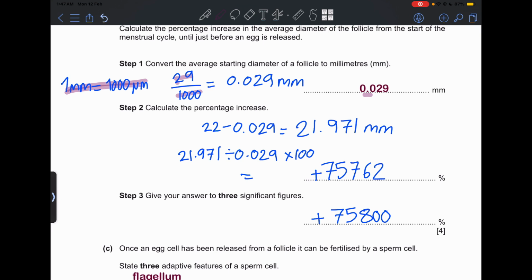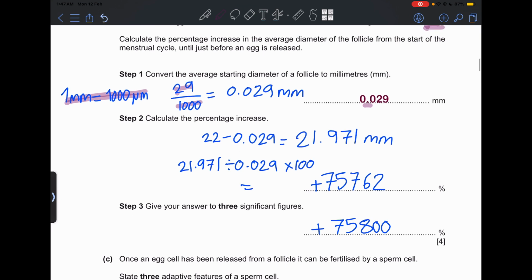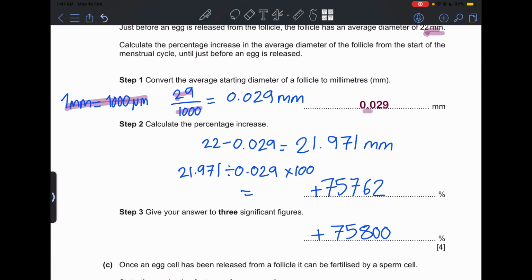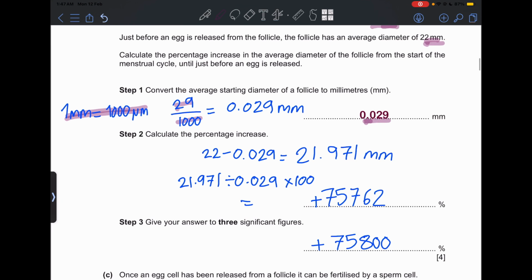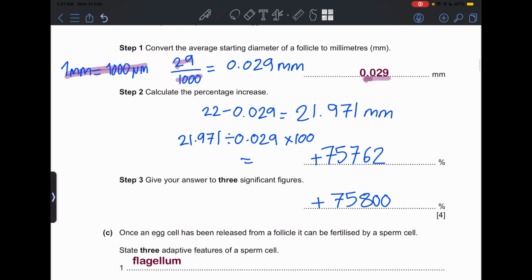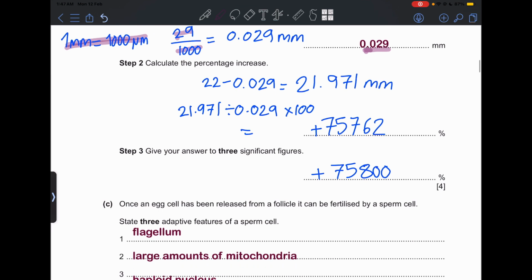This is the change of the size of the follicle. Now you're going to be dividing that over the number from before the change, and you're going to multiply by 100. This is going to give you 75,762%. So this is the percentage increase. Give your answer to three significant figures.